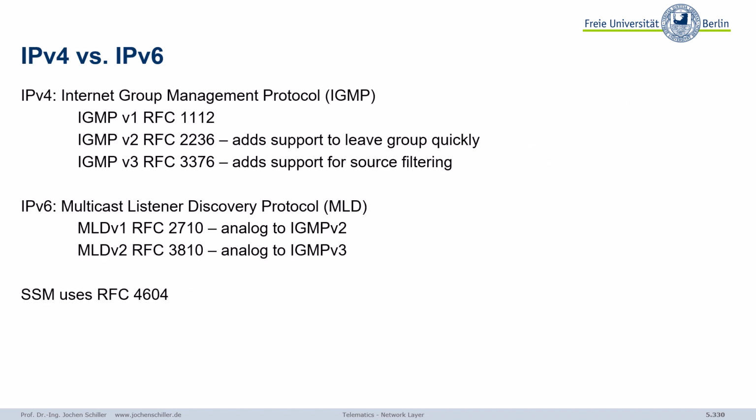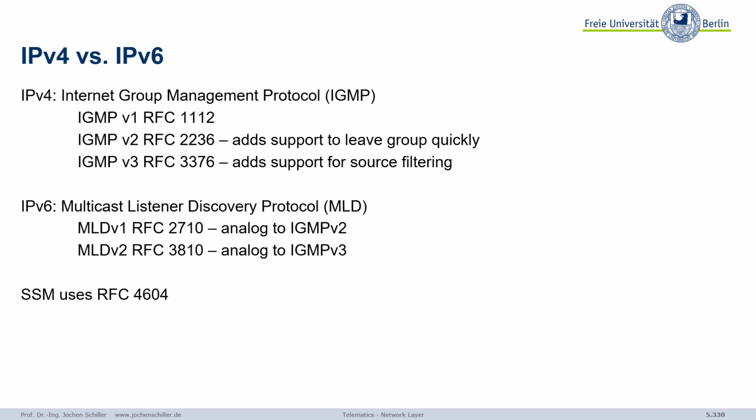Okay, so these are the protocols. For version 4 we have IGMP with certain features, and also for IP version 6 we have these protocols, and for single source multicasting, you see here a certain RFC. So how does it work now? This is the very first step.